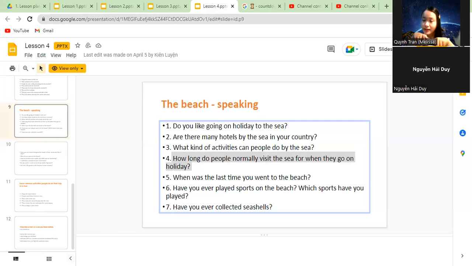The first one, they can explore. The second one, they can relax or prepare for their next task after vacation. Okay, so I just suggest that.